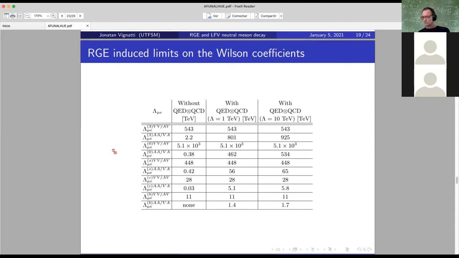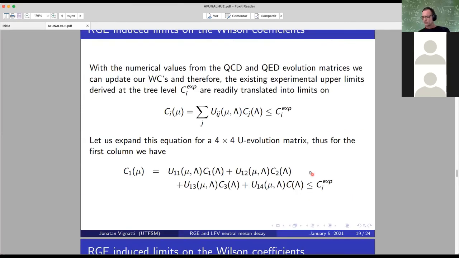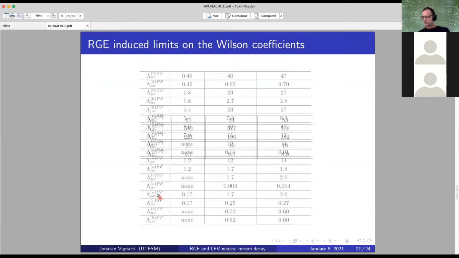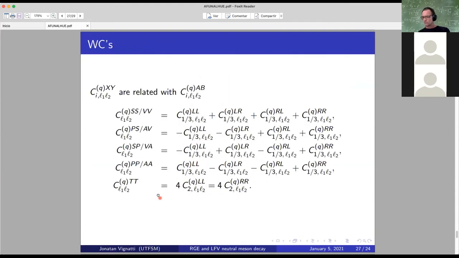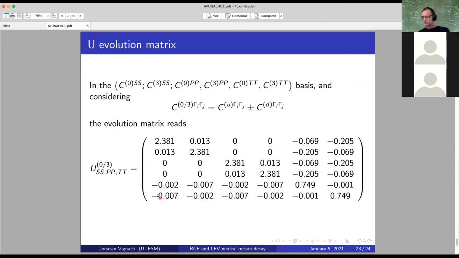Excellent question. This is the most interesting, and it relates to the evolution matrix that mixes all these Wilson coefficients. Obviously, we need to see this evolution matrix. These are how the Wilson coefficients mix in the chiral operator basis. For example, this is for scalar, scalar, and tensor, how they mix Wilson coefficients.